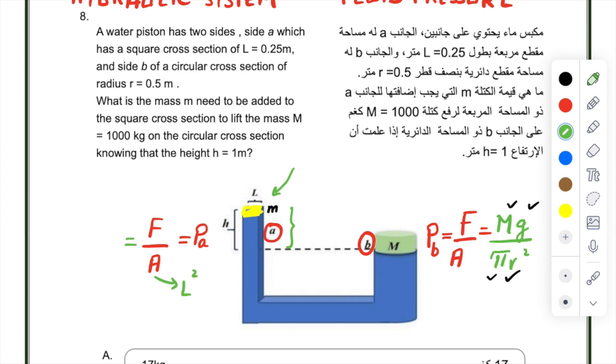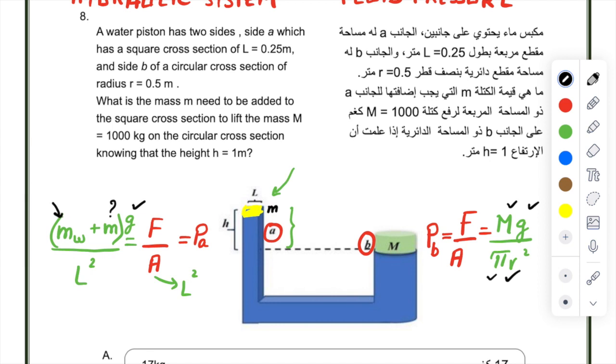So here we have actually two masses, the mass of the water and the small yellow mass, times G, divided by L squared. Now the small mass I don't know, G is 9.8, L is also given, 0.25.